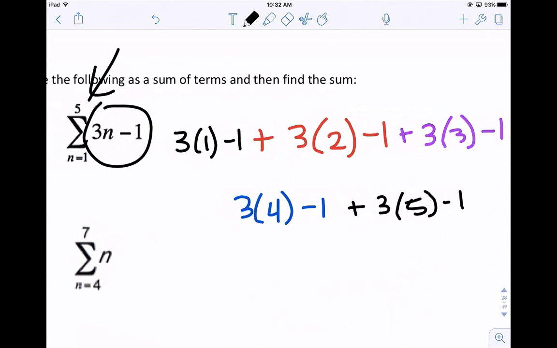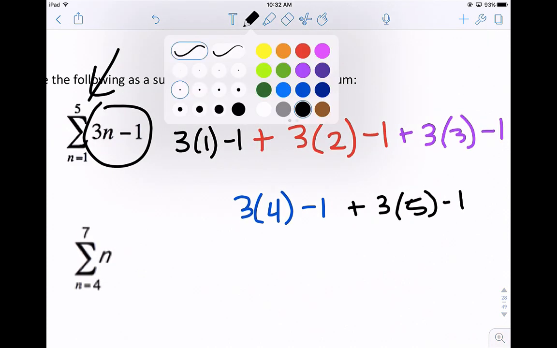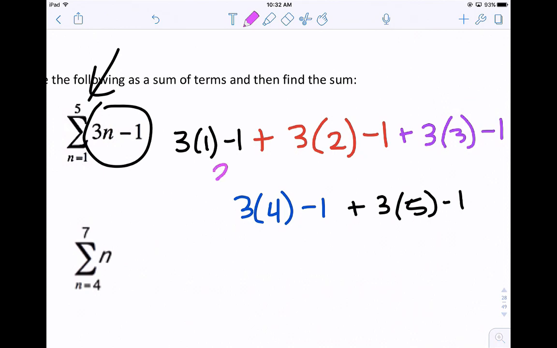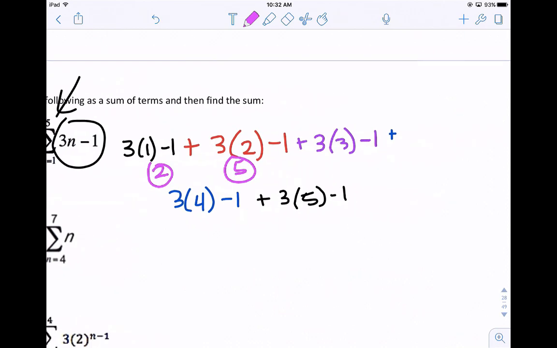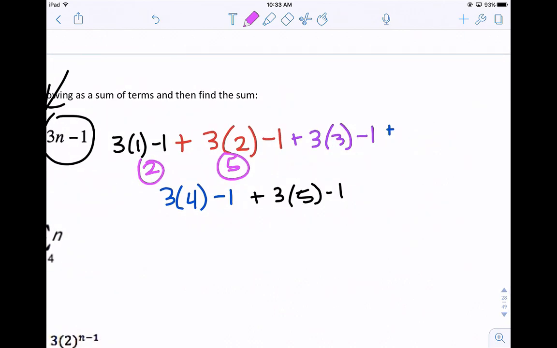Okay, so let's do that. Let's use pink. Okay, so 3 minus 1 is 2, so that's 2. 3 times 2 is 6 minus 1 is 5. 3 times 3 minus 1 is 9 minus 1 is 8. You can see this is just a slope of 3. We're just adding 3 every time. So 8 plus 3 is 11.